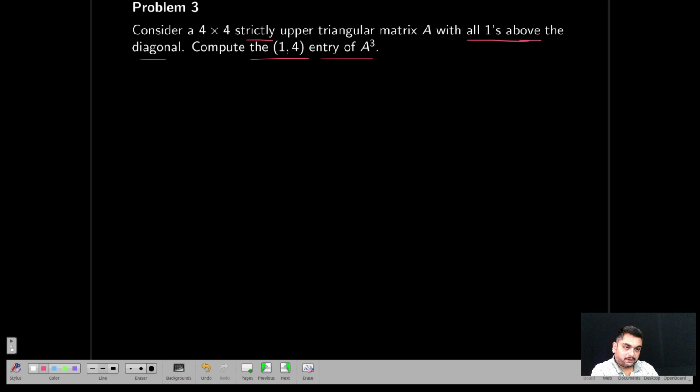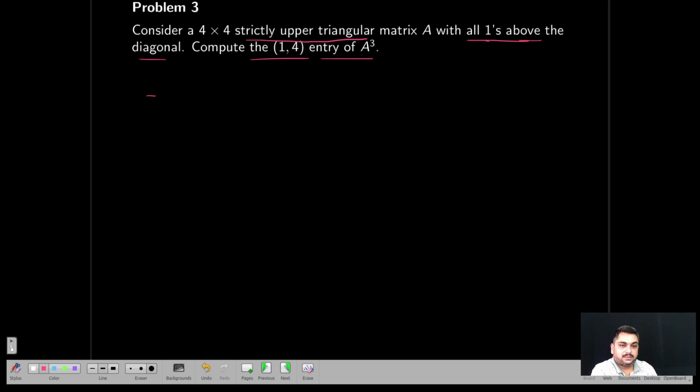Okay, strictly upper triangle. Upper triangle you already know, all the elements above the diagonal. But strictly means the diagonal element should be 0. Only the elements above the diagonal are non-zero, and they are given as all ones.